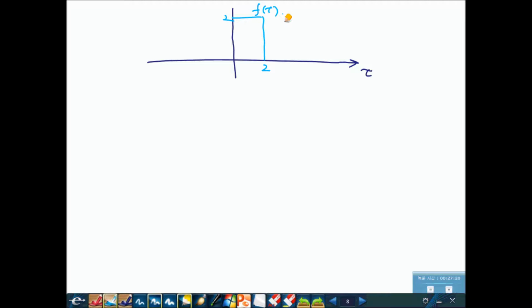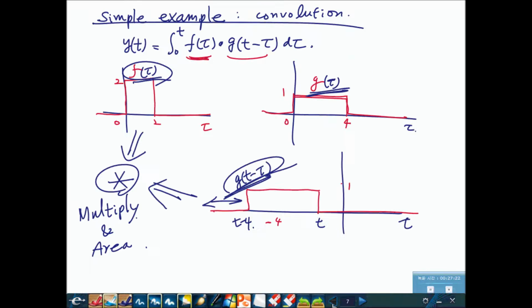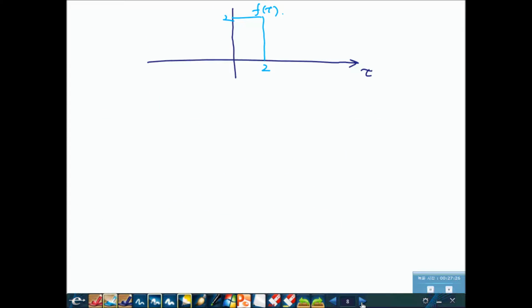It stays there, right? But this one moves. Okay? So if the movement is like that, t minus 4, what's the multiplication between those two? This is g of t minus tau, right? What is the multiplication between this one and this one?